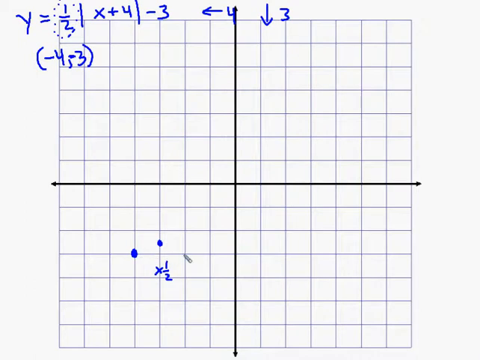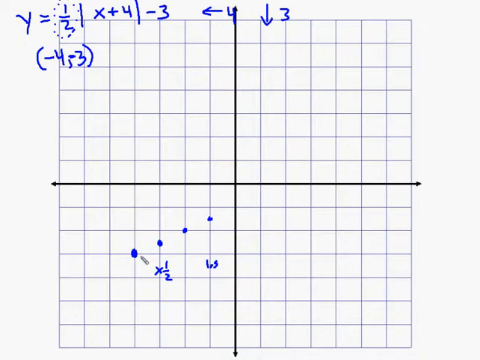If I go right 2, what's the absolute value of 2? 2, but times my stretch factor of a half, so I'm going to go up 1, because half of 2 is 1. Okay, if I go right 3, what's the absolute value of 3? 3, but times a half is 1.5, so I'm going to go up 1.5.